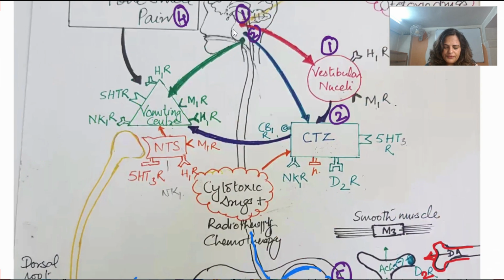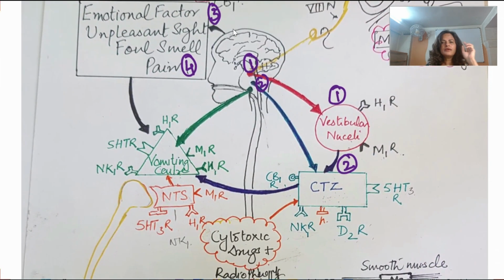You can see at the different sites I have drawn the receptors also. In the vestibular nuclei, there are two types of receptors, H1 and M1. H1 stands for histamine, and M1 is the muscarinic receptor.